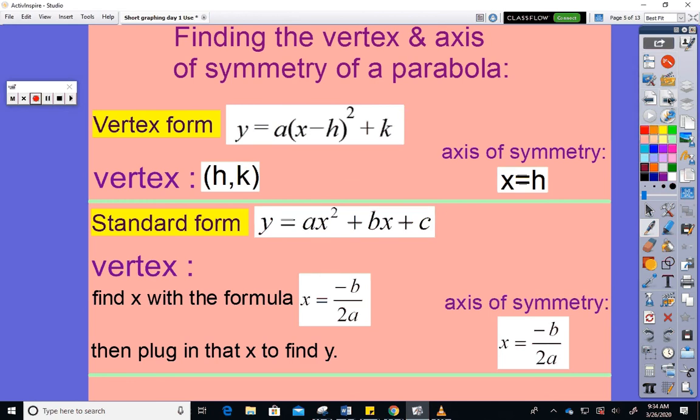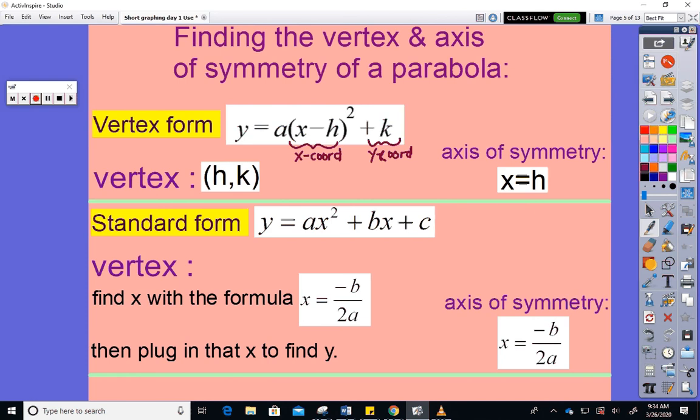Yay. All right, so on vertex form, the vertex is super, super, super duper easy to see. You just look. This will give you the x coordinate of the vertex, and this gives you the y coordinate of the vertex. Super, super easy. So it's x minus the x coordinate of the vertex.